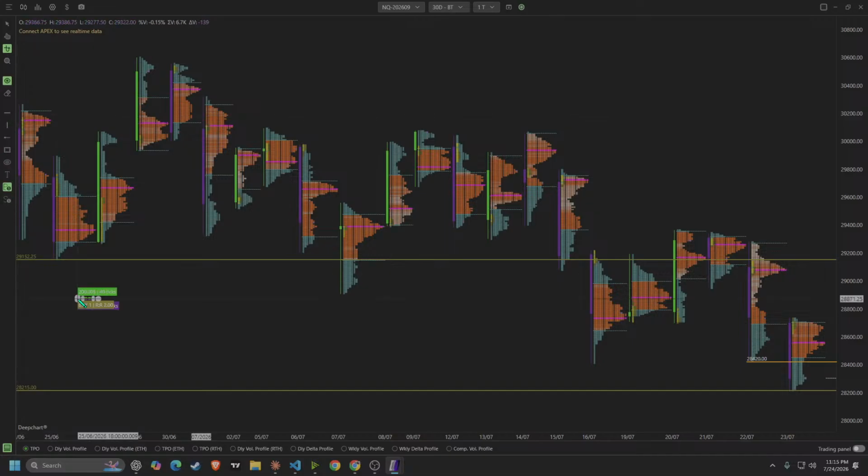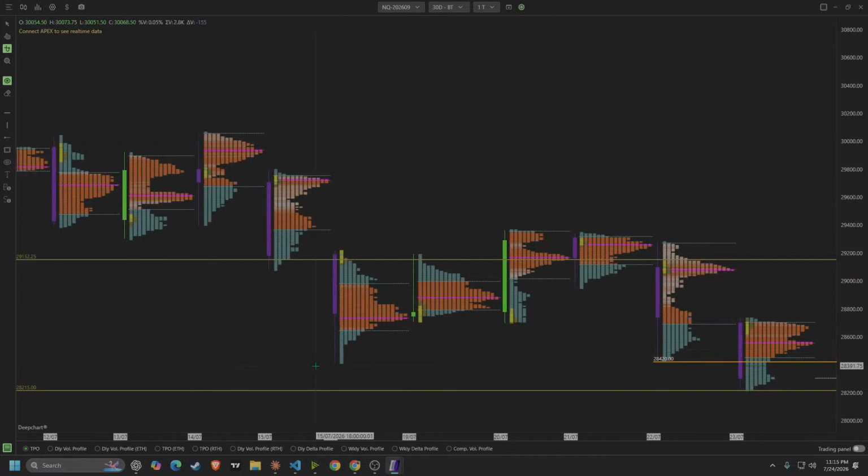And I don't think I can put trend lines on this chart version, so we won't. But you can see that we made a lower high, lower high, lower high, lower high for 4 days straight.